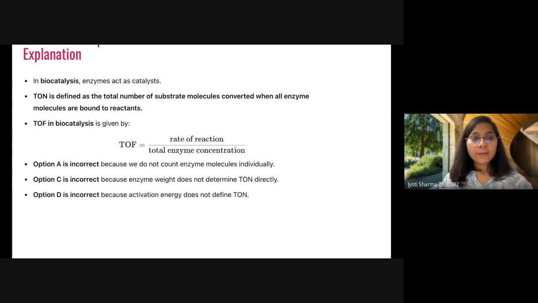Here is the explanation. For biocatalysis, the enzyme acts as the catalyst, and here TON can be defined as the number of substrate molecules converted when all molecules are bound to reactant, given as the rate of reaction upon total enzyme concentration. So that's why B is the right answer.